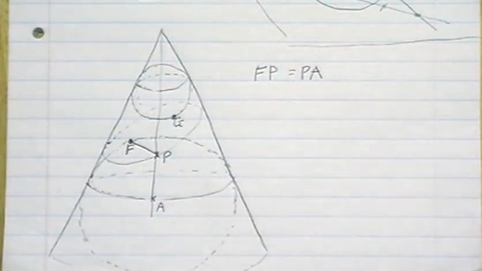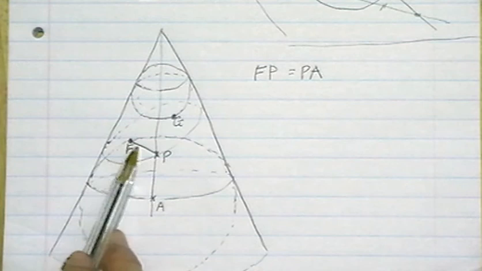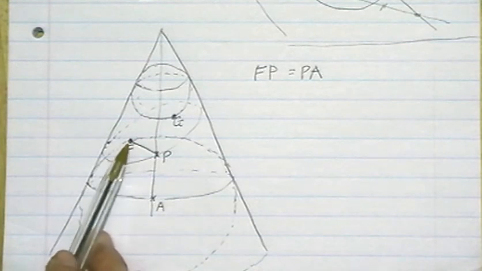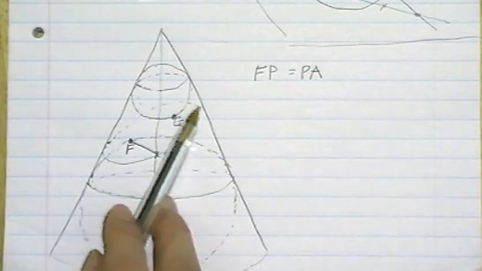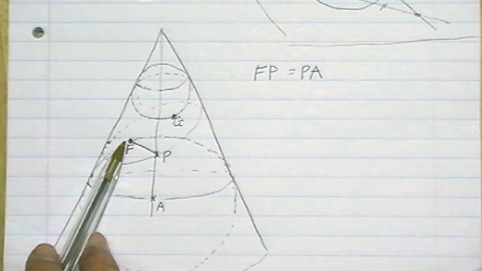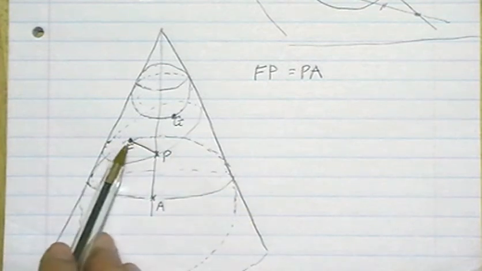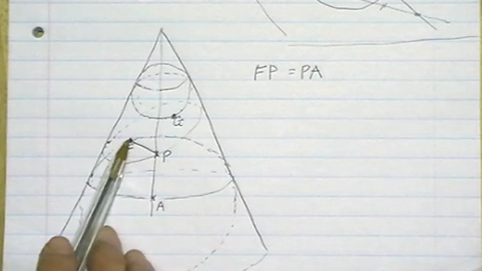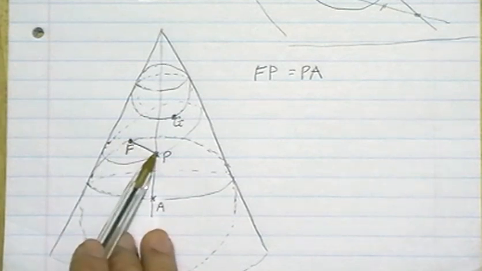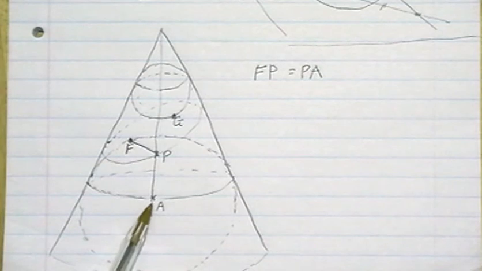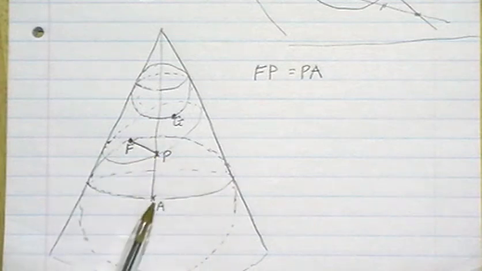Now the reason is this. Remember that this point F is the point where the plane of the conic section touches the big sphere. So that means that the line FP also touches the big sphere. Therefore, the line FP is a tangent to the big sphere. And we have already seen that PA just touches the big sphere, so PA is also a tangent.